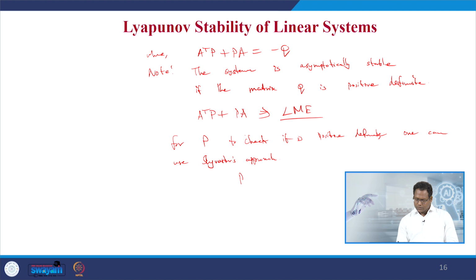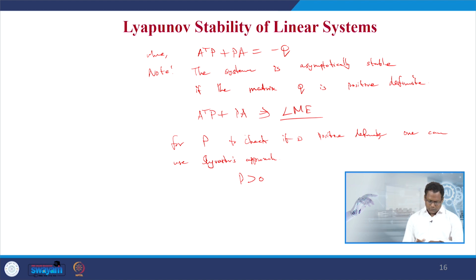Okay. P must be positive definite, which means one of the conditions for P to be positive definite is that all the eigenvalues associated with the P matrix should be positive.